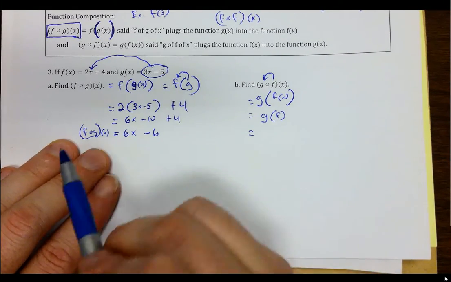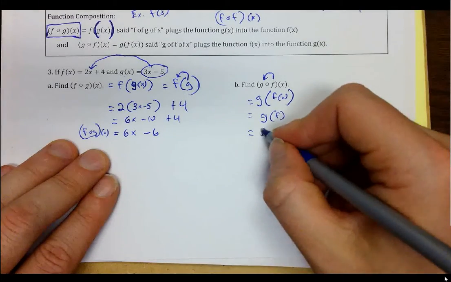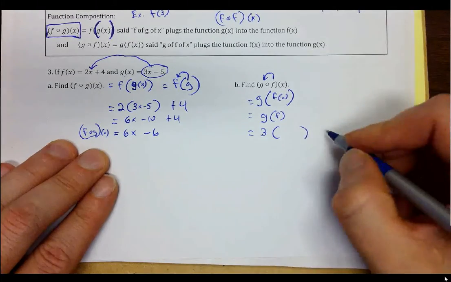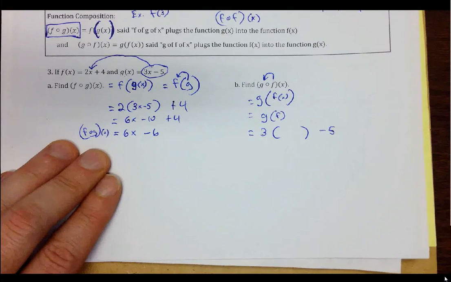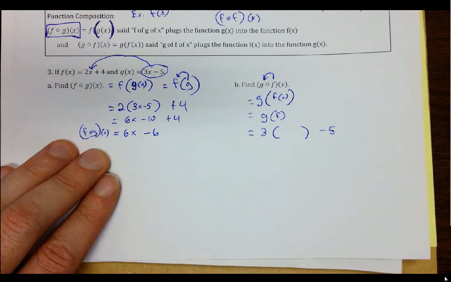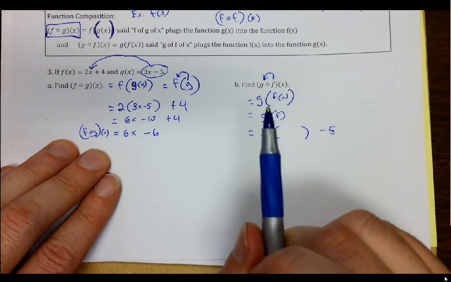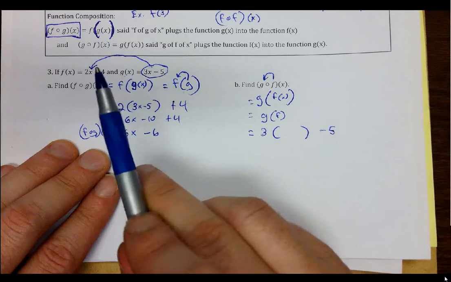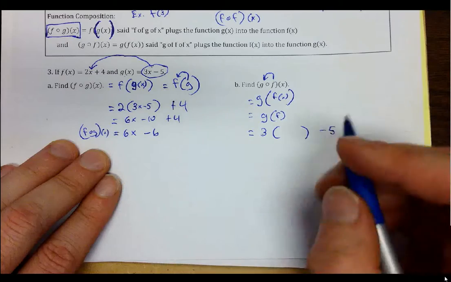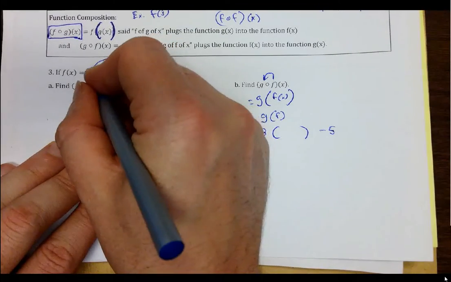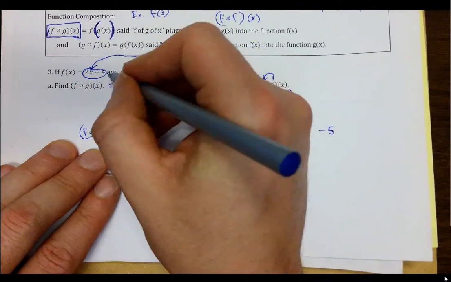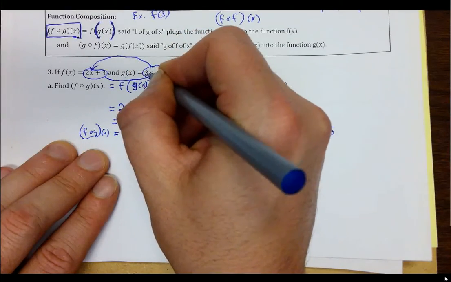I'm going to write that with no x in it. I'm going to write 3 times blank minus 5. And what am I going to plug in to that function? I'm plugging in f. And f is 2x plus 4.